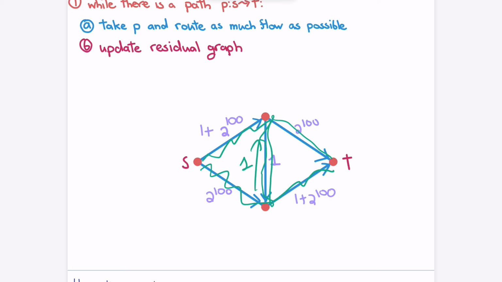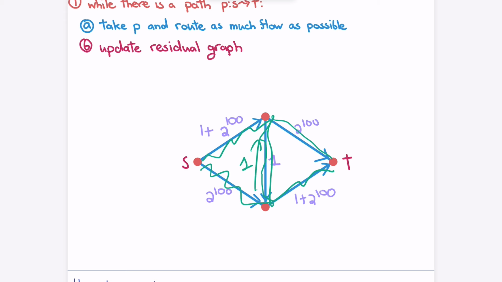Will there be some heuristics or ideas? Select the intermediate vertex.